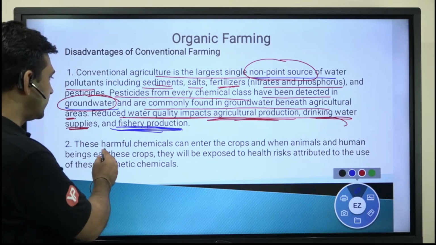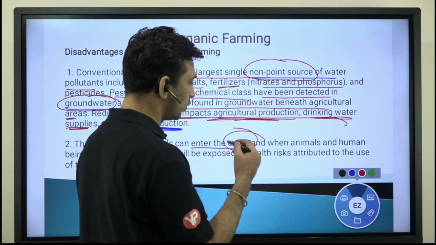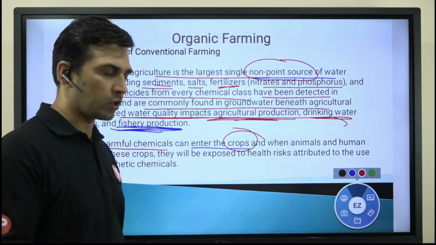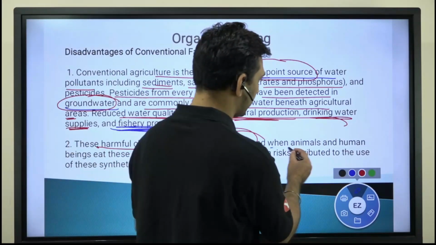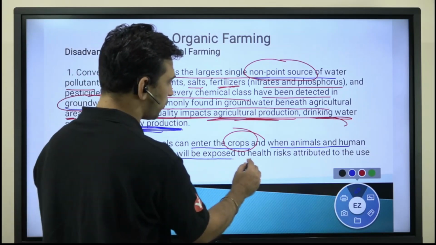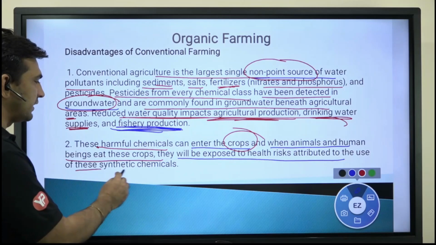And these harmful chemicals can enter the crops. We have already seen that through crops they may enter our body, and then finally human beings or animals will be impacted. When animals and human beings eat these crops, they will be exposed to the health risks attributed to the use of these synthetic chemicals.